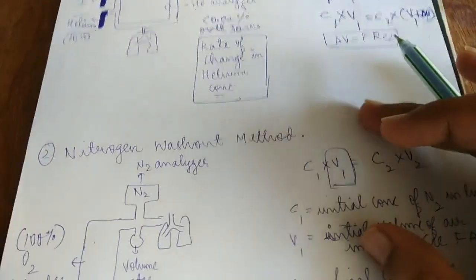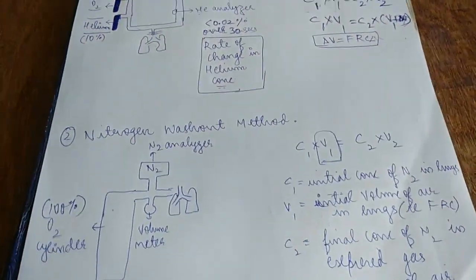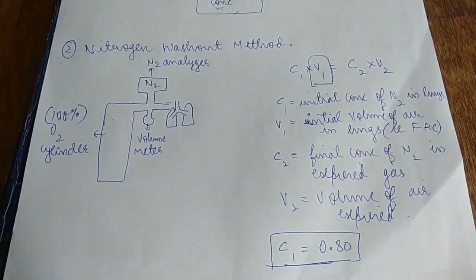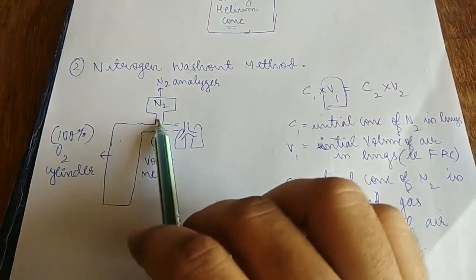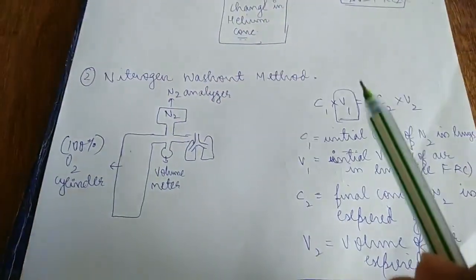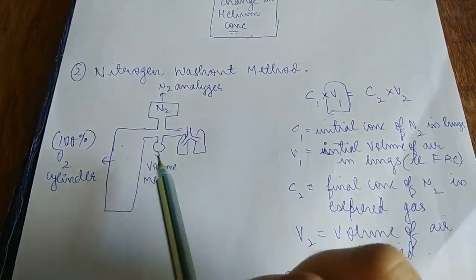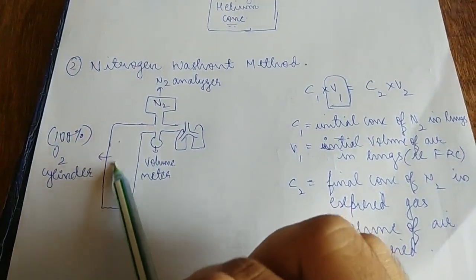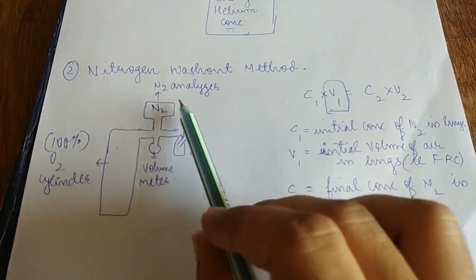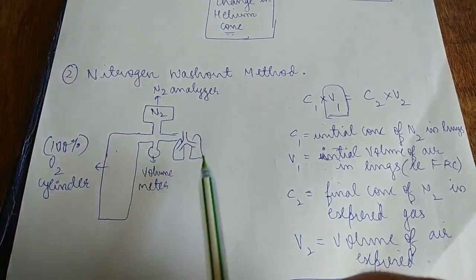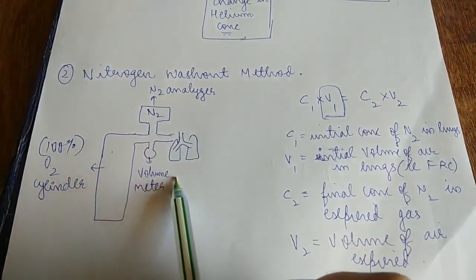Coming to the next method, that is the nitrogen washout method. It is an open circuit method, unlike the helium dilution method. Here we have an oxygen cylinder containing 100% oxygen, an N2 analyzer and a volume meter, and the person is asked to sit here.